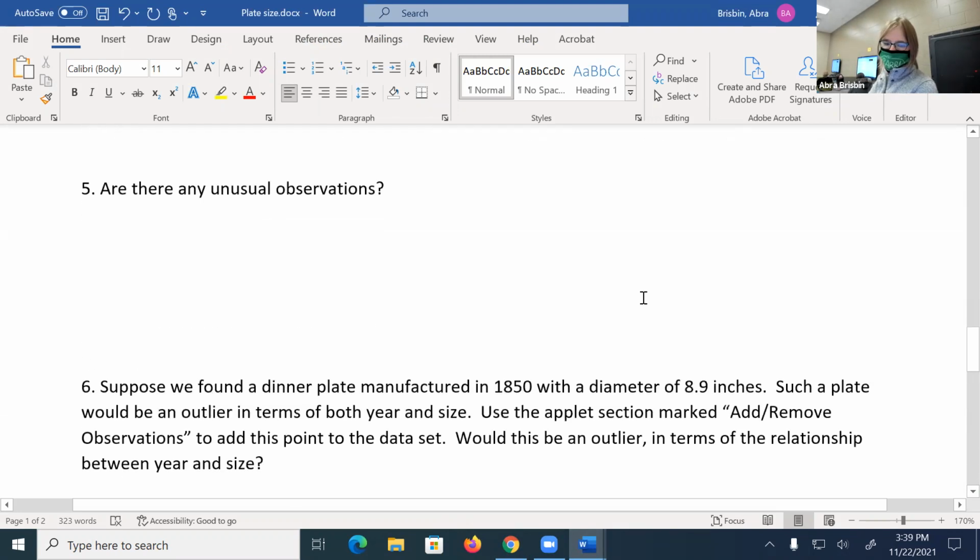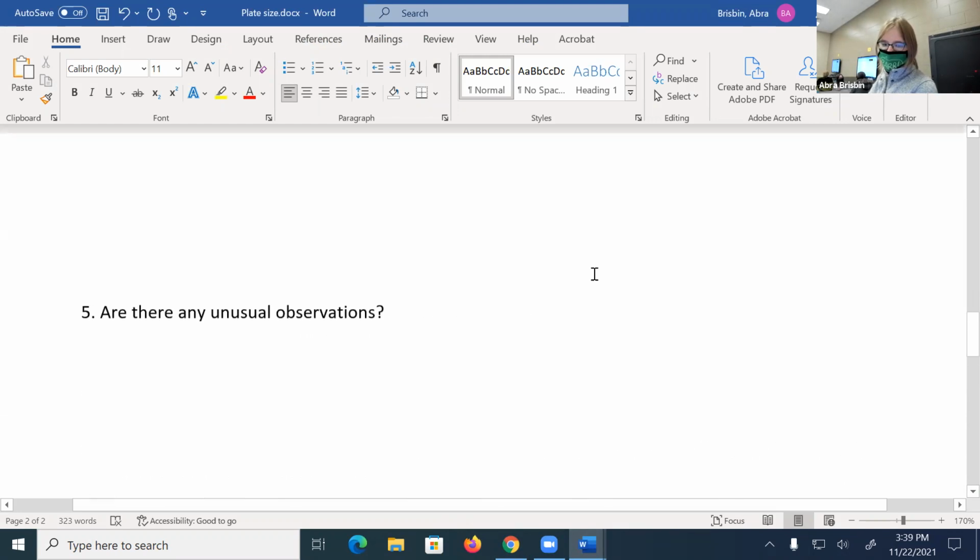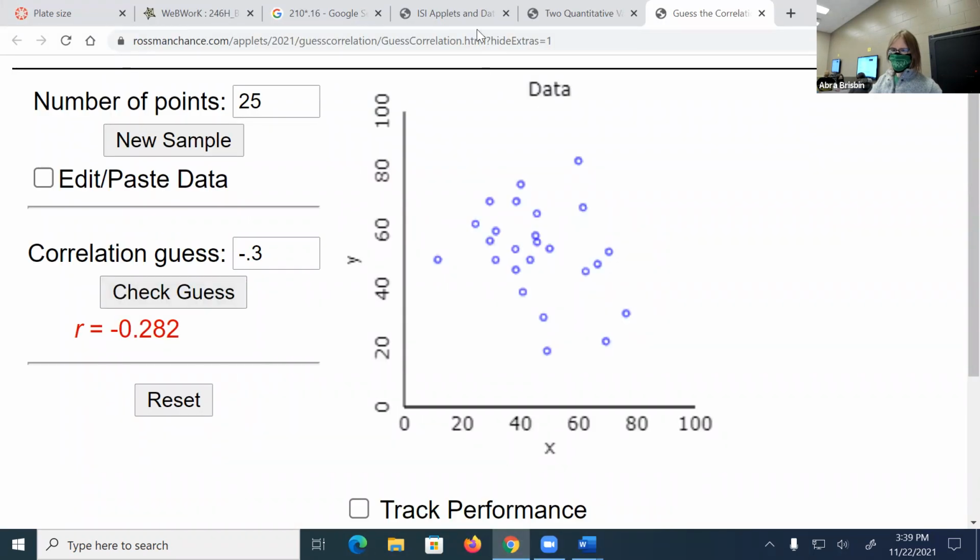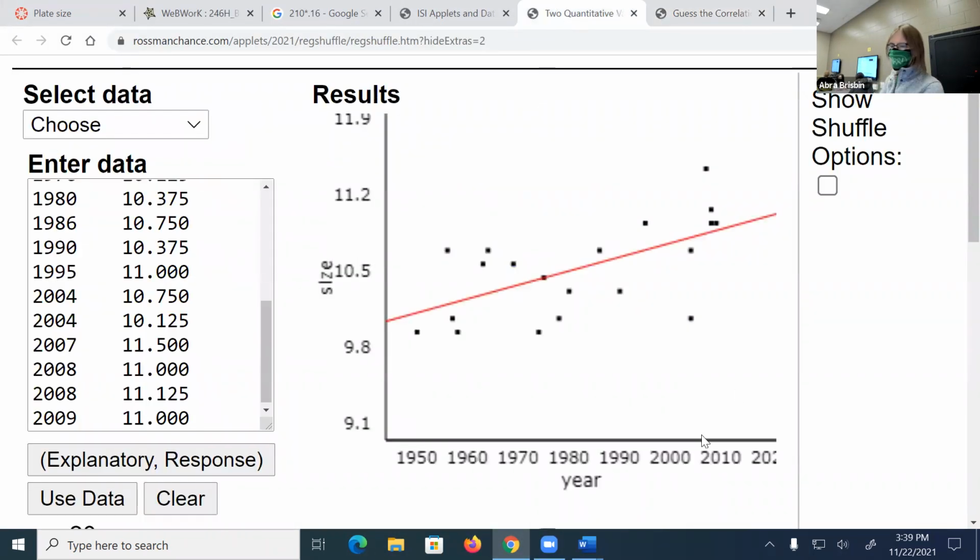All right. Are there any unusual observations? What do you think? So I would tend to say, no, all these observations look pretty much like they're following the same trend.